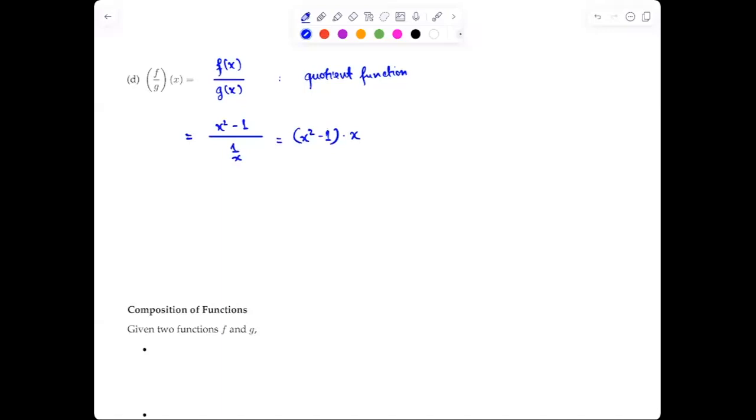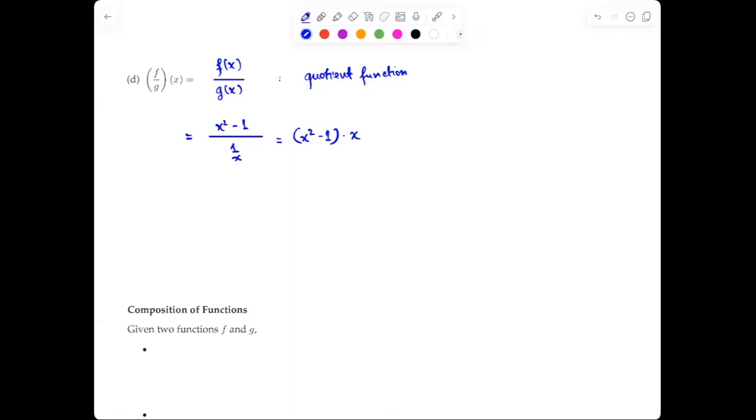However, 1 over x is always different from 0, no matter what value of x you put. You with me on that? Good. So in this particular case, you can just ignore this condition, because 1 over x is always different from 0.